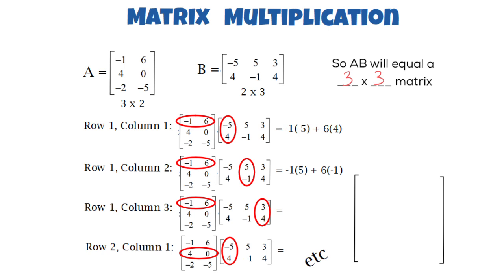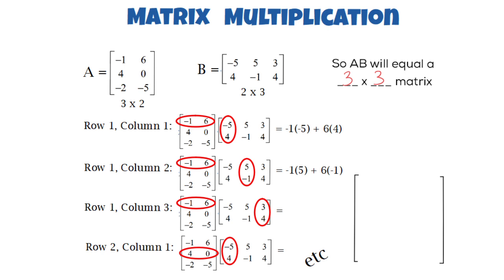All right, so now let's talk about how we actually multiply them. It is not like adding and subtracting, where you match up the corresponding elements. It's actually different than that, especially when you consider that your result is a different shape. So looking at this, I've drawn a 3 by 3 here. It looks a little rectangular-ish, but it's going to end up a square matrix, 3 rows, 3 columns.